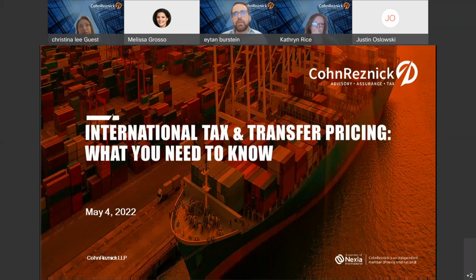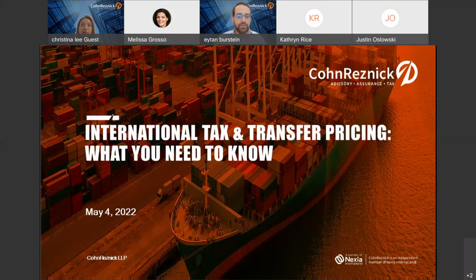For those who have been practicing international tax for many years, the ground rules have been pretty consistent for about 30 years, since 1986. And starting in 2017, the Tax Cuts and Jobs Act was enacted by former President Trump, which significantly altered the landscape of international tax.